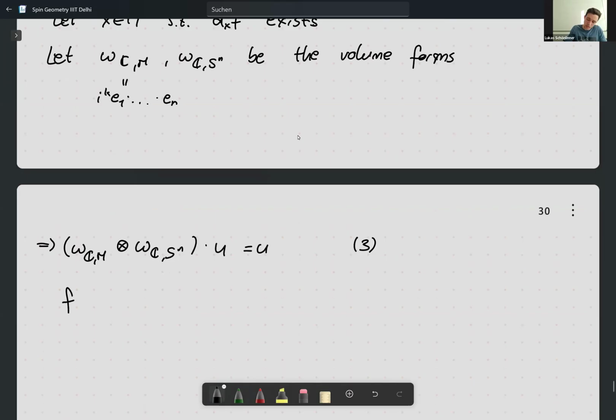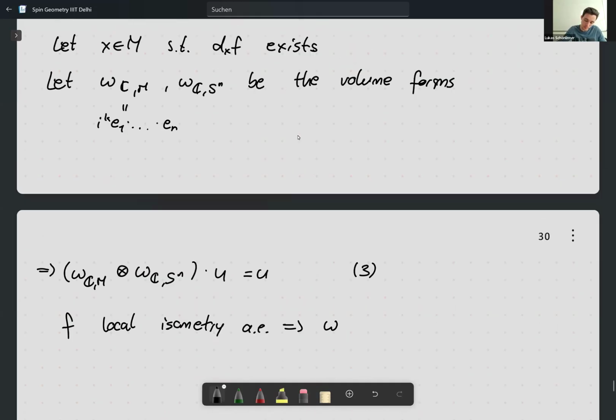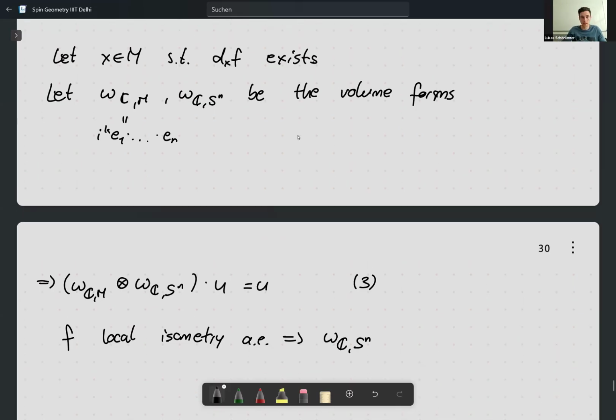And we already know that f is a local symmetry. For these volume elements, we took oriented orthonormal bases. So this is also an orthonormal basis, but if f is orientation preserving, then this will be an oriented basis.